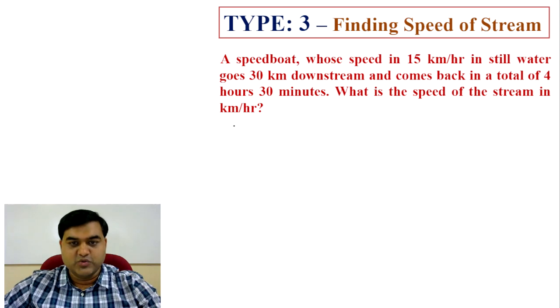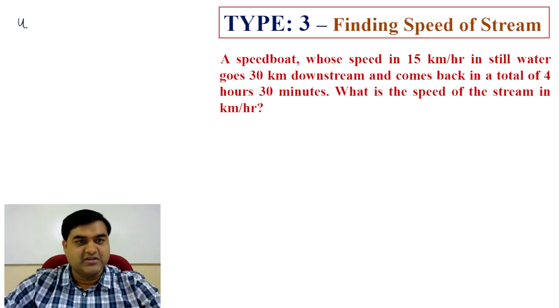So what all things are given? Let's write here. U, the speed of the boat in still water, is given as 15 kilometer per hour. What is asked? V, the speed of the stream, is not given; we have to find it out.